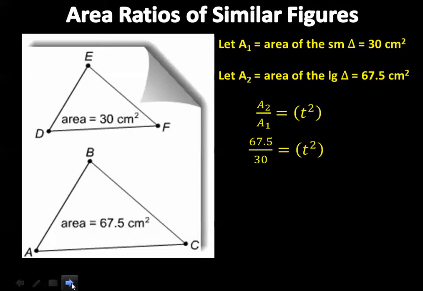We're going to substitute known values into the area ratios formula. That's how you say it mathematically. So A2 was 67.5, A1 was 30, and we're looking for our scale factor.